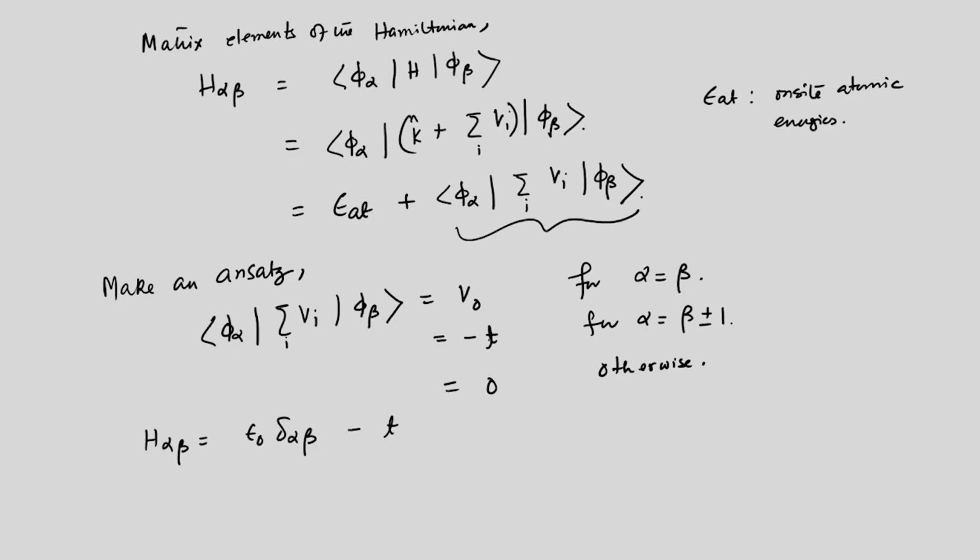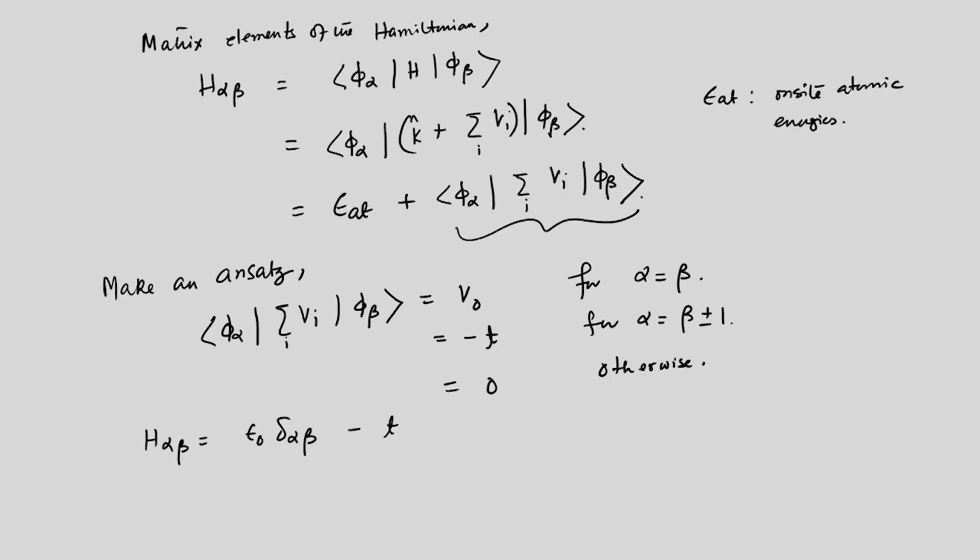minus T. T is the amplitude for that matrix element for which alpha equal to either beta plus 1 or beta minus 1, where alpha and beta here refer to the basis indices, but the basis is written in terms of the on-site indices, the site indices for the system.